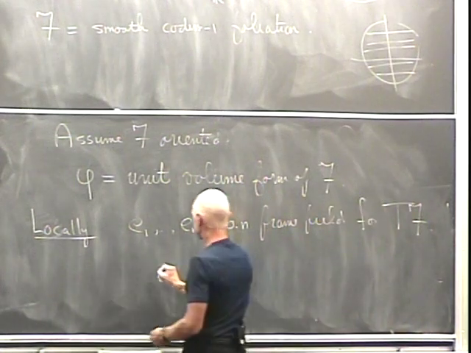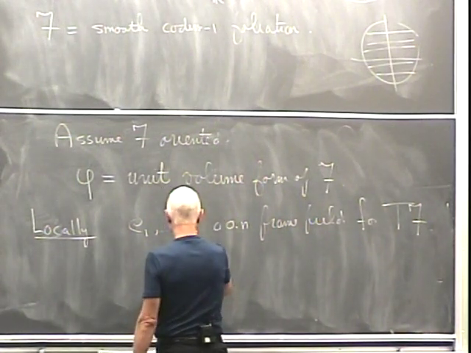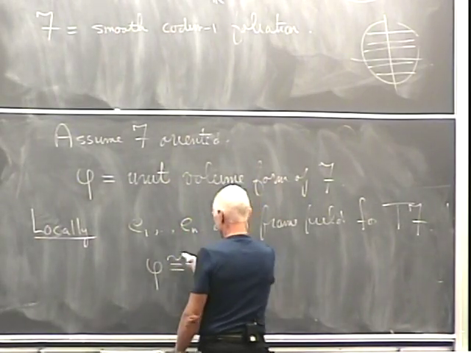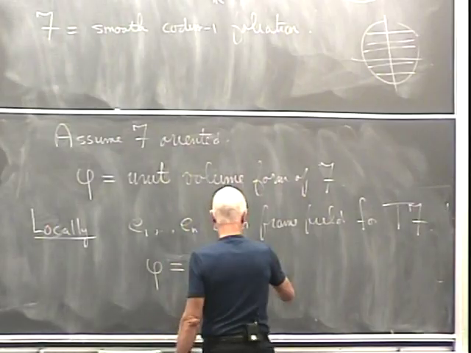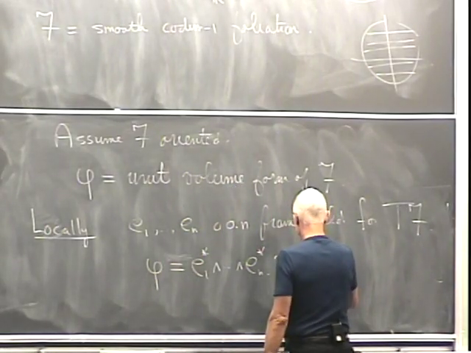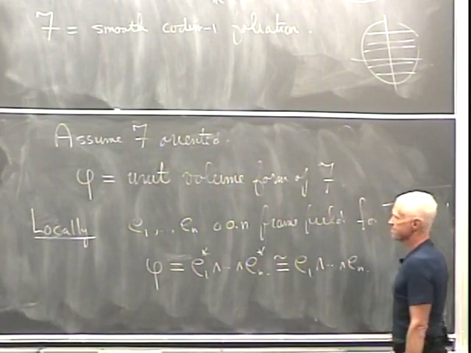This should be an oriented orthonormal frame field. Then phi is essentially E1 up to En, the Riemannian duals of these, wedged together.